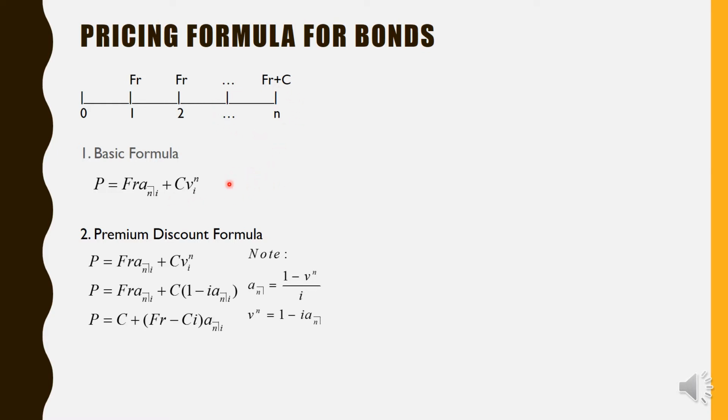The first pricing formula for bonds is the basic formula, which is P equals FR, the coupon, times the annuity a_n, plus C v^n. And the second formula, which is the premium/discount formula, is derived from the first formula by substituting v^n with 1 minus i a_n, and then we get P equals C plus (FR minus Ci) a_n.